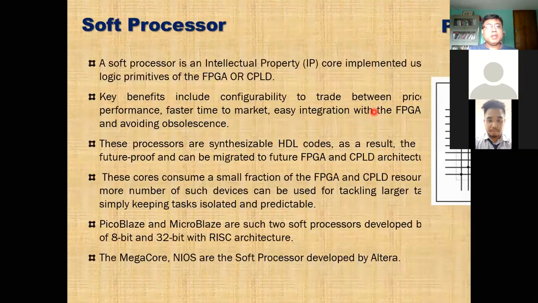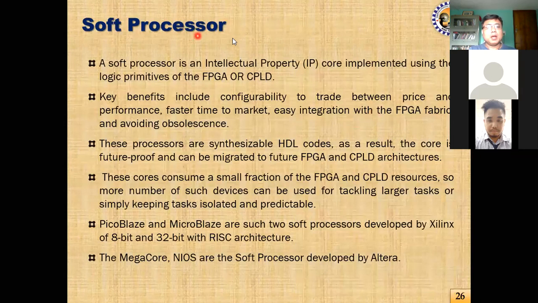Now the final topic is soft processor. I hope I can complete this within this session. Now, soft processor is an intellectual property code. Actually, it is a program. Soft processor is a program written to implement a processor within FPGA or CPLD.